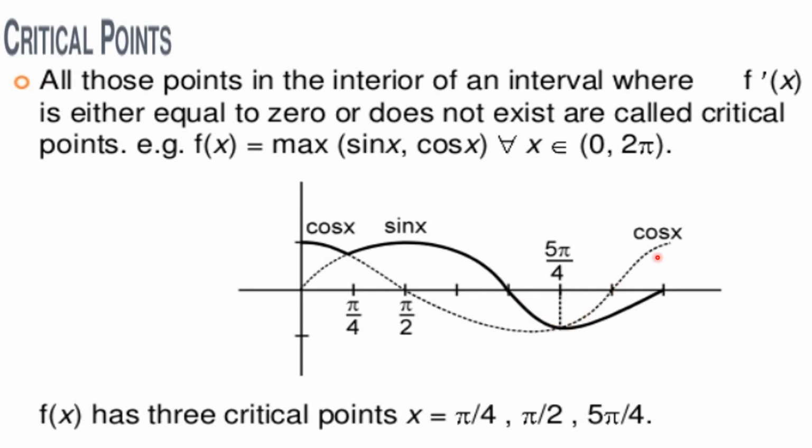Now f has three critical points. At these points f has maximum: at x is equal to pi by 4, at x is equal to pi by 2, and at x is equal to 5 pi by 4. In this interval 0, 2 pi, it has f dash of x is equal to 0. Okay, my children, understood?